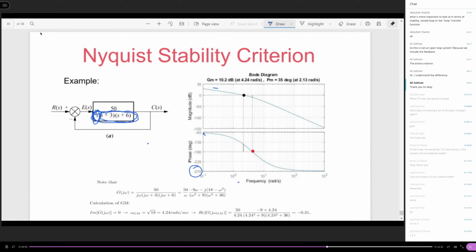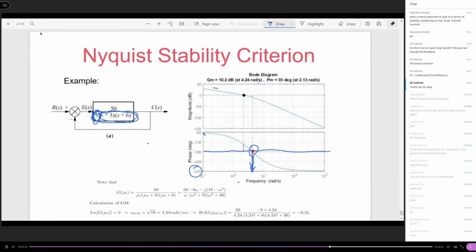Like what I said, in order to find the gain margin crossover point, I need to find the minus 180 degrees line, which is here, the red point. Then this is its magnitude. Once I find this crossover point, this is going to be the crossover frequency. Here, the crossover is right at 4.24 rad/s.